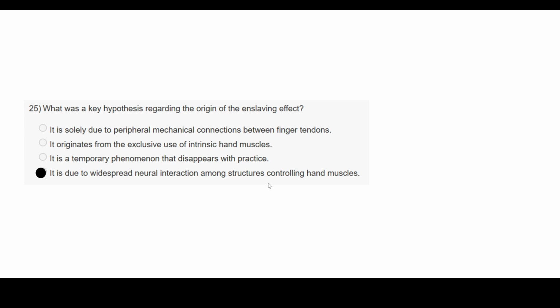The answer is D. This is the neural hypothesis wherein there are common neuronal connections that might control different digits, or the central area that controls all of these neurons might have overlapping, might have a mosaic of sorts of different command centers.